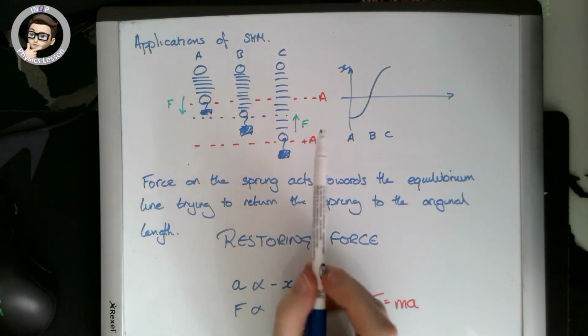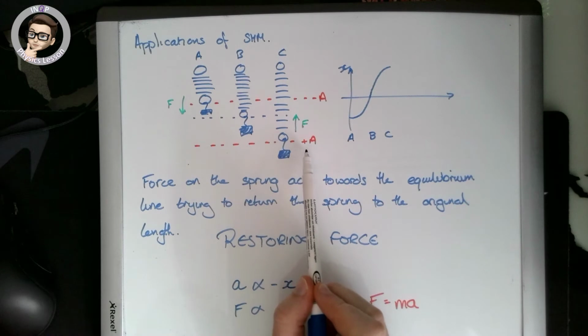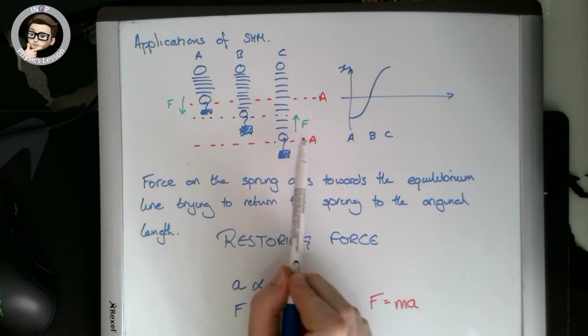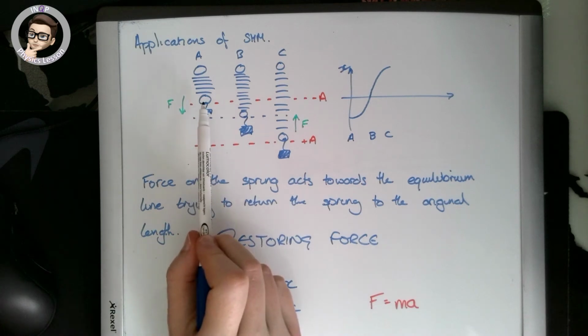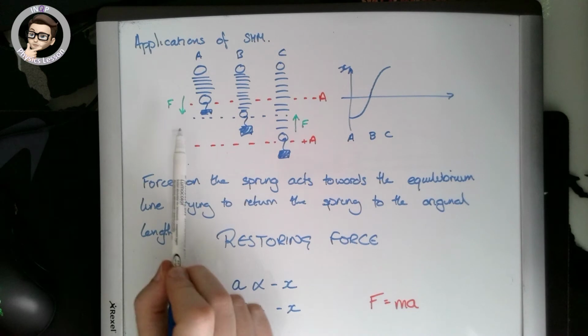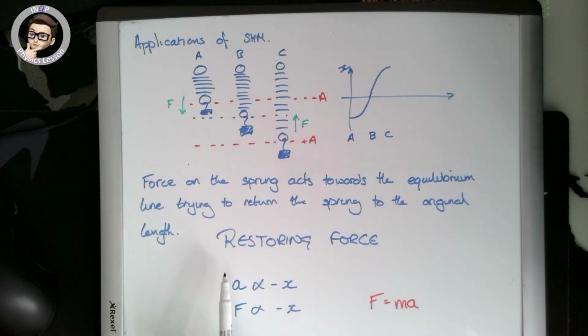So hence, if I'm moving my spring in a positive direction, my force must act in a negative direction against it. And if I'm moving my spring in a negative direction, my force must act in a positive direction, always trying to return to this equilibrium line. And it's this thing called the restoring force that we're talking about.